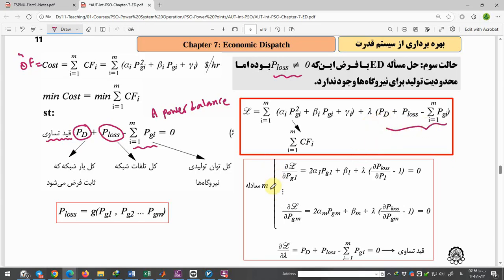M equations can be written, and the balance is equation number M plus 1. We have M unknown parameters plus lambda, and M plus 1 equations for M plus 1 unknown parameters.